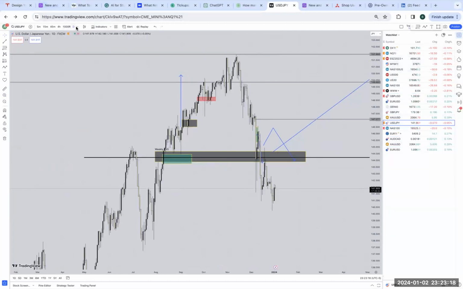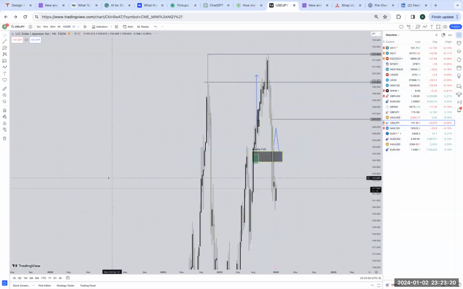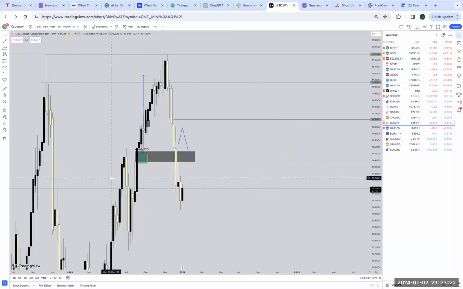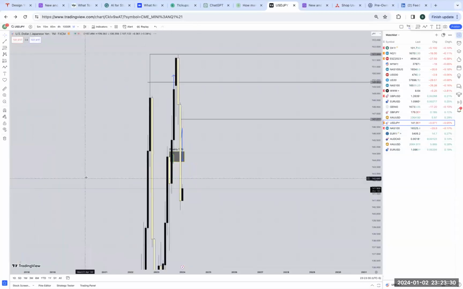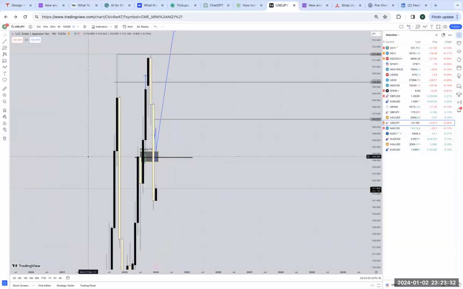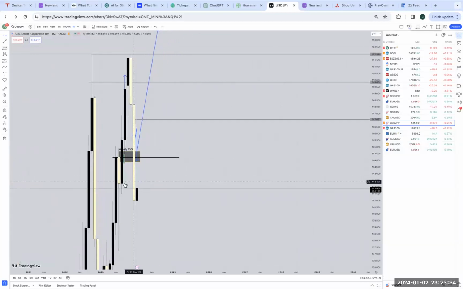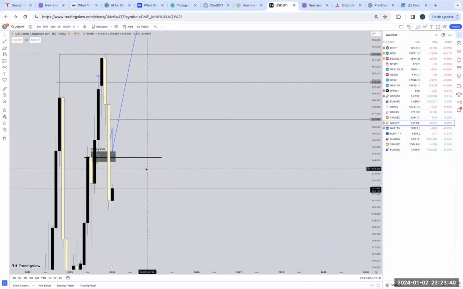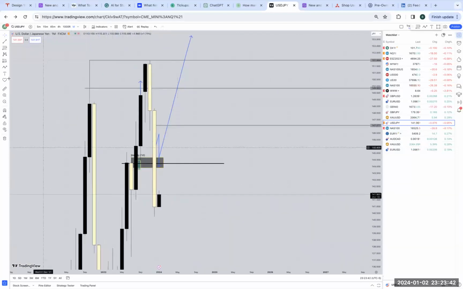And so this one isn't as clear, so I'm probably not gonna trade this, but ideally I'd like to see price, look at the monthly. Ideally I'd like to see price potentially just respect this order block here and continue on to the downside.